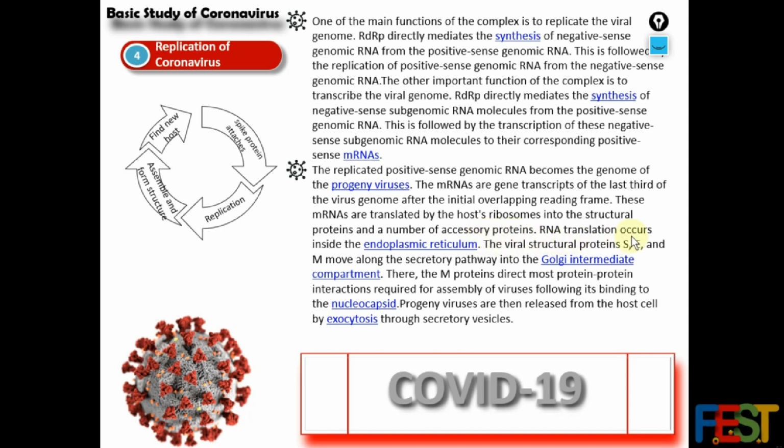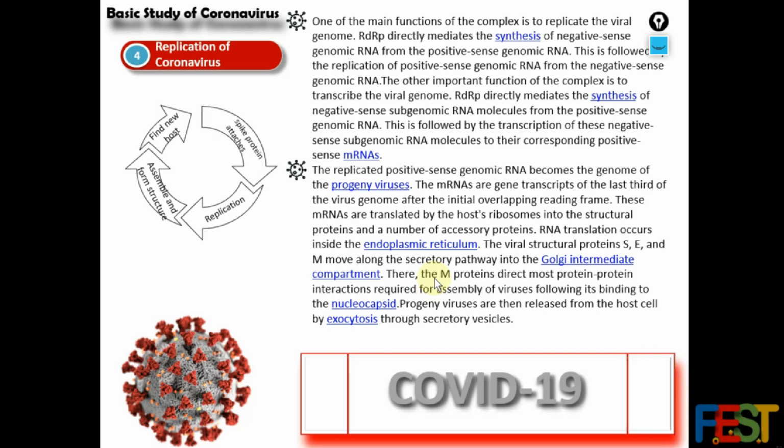RNA translation occurs inside the endoplasmic reticulum. The viral structural proteins, S for spike, E for envelope and M for membrane, move along the secretory pathway into the Golgi intermediate compartment.